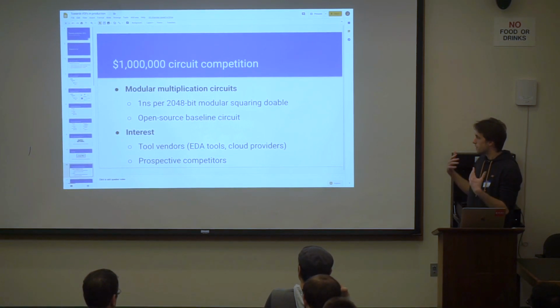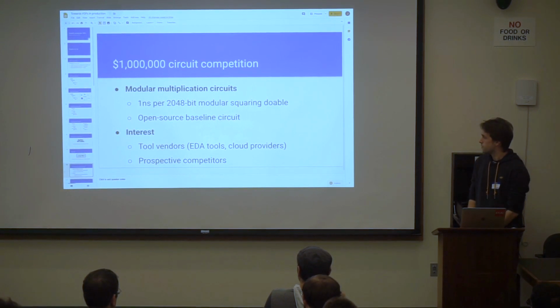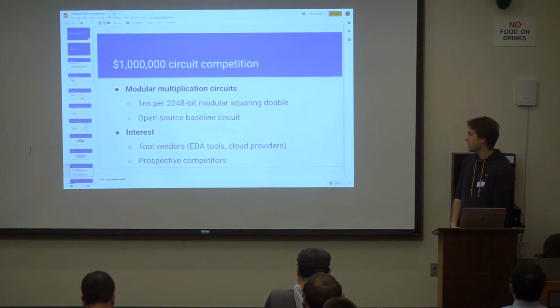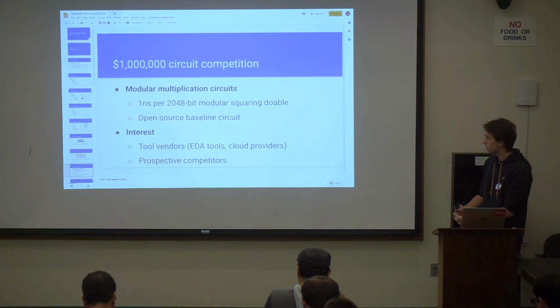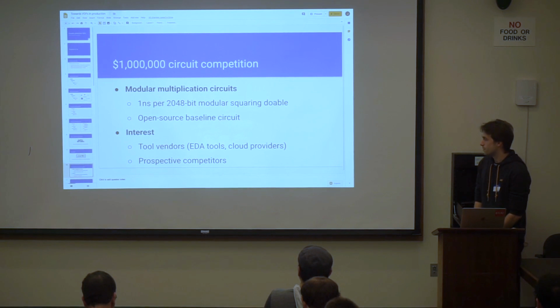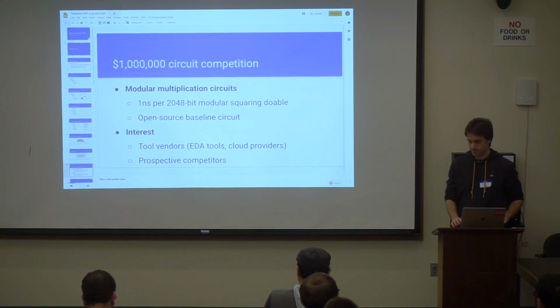But the question is, can we do significantly faster than 1 nanosecond? And I guess the competition will help answer that question. We have quite a bit of interest in terms of people who want to help out with the competition, in terms of the EDA tools, the cloud providers, but also in terms of prospective competitors, some of which are in this room.